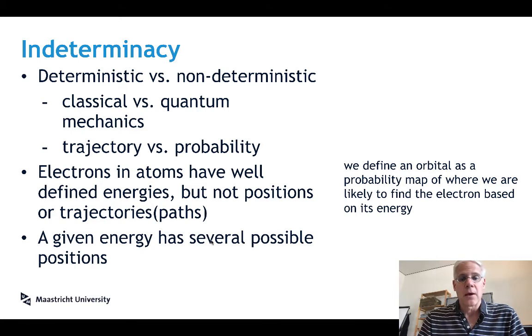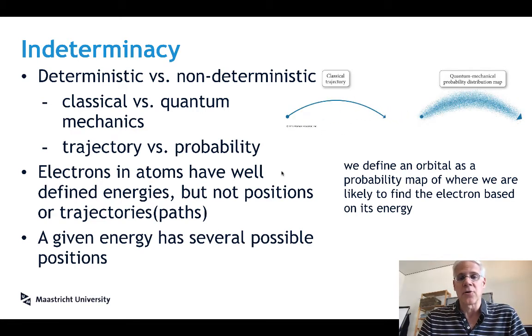And so a given energy has several different positions, and because of that, we also don't know the path particularly well. Now, if we take a look at a graph of what a cannonball might look like in the classical trajectory, if a cannonball were fired at a particular angle with a certain feet per second or meter per second velocity, it would be expected to follow a certain path, and we could calculate any point on that path.